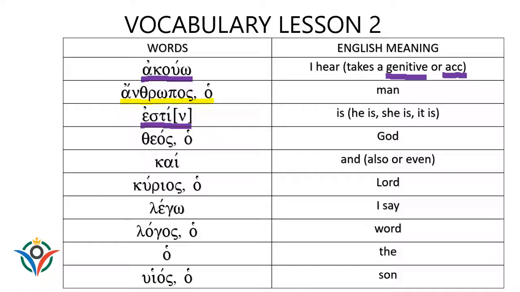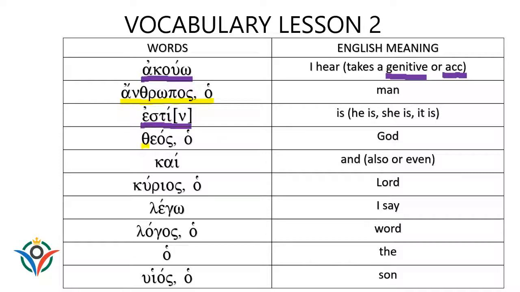Well, this is a movable nu, which means that if the word that is coming after this particular one begins with a vowel, then there will be a nu, but if there's a consonant, then the nu will drop out. So that means is, he is, she is, it is.